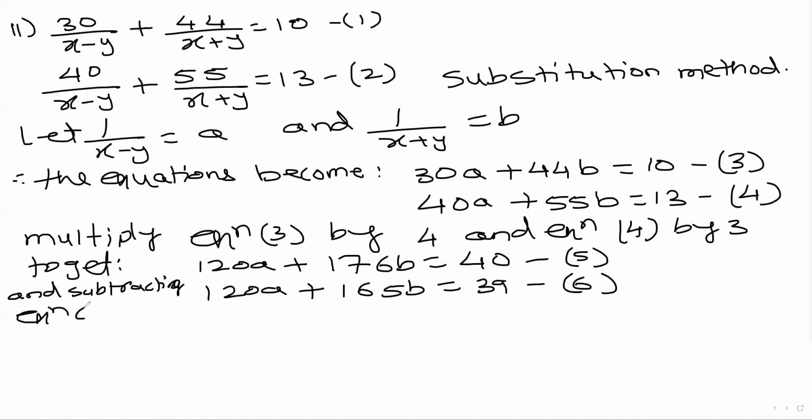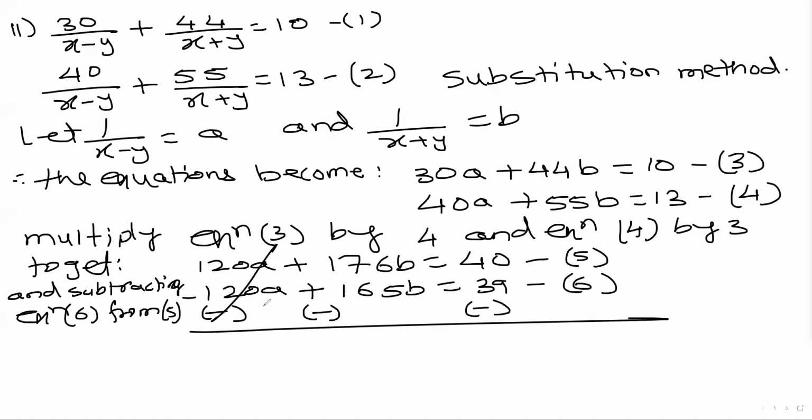Subtracting equation 6 from 5, 120a gets cancelled and you get 11b is equal to 1. This means b is equal to 1 upon 11.